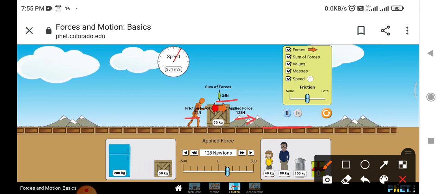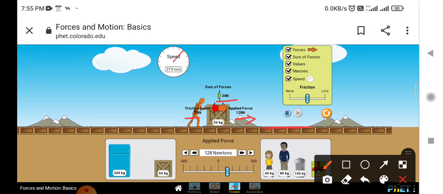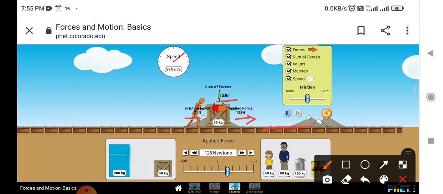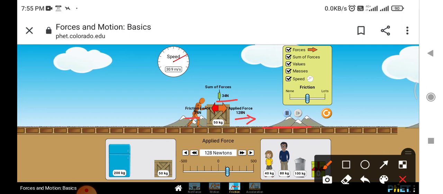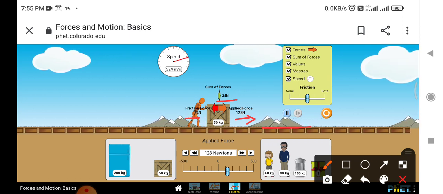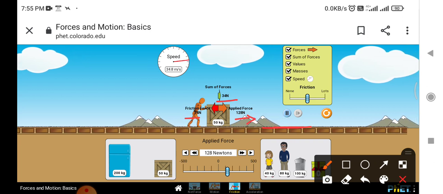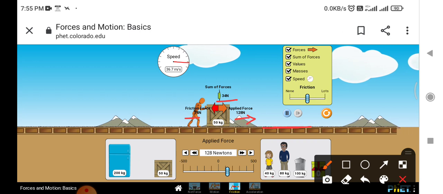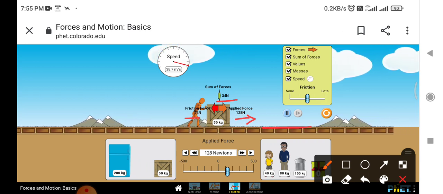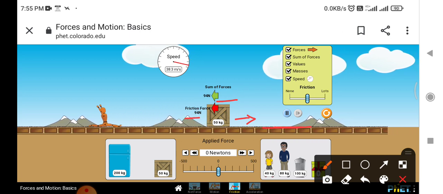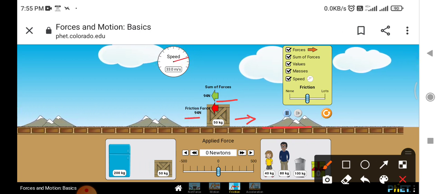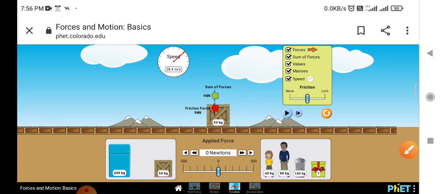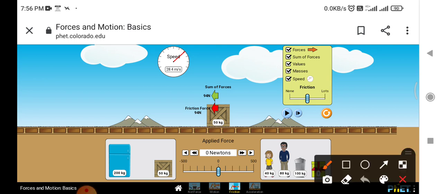So watch carefully, and see the speed of the object. See here, after some time, the frictional force is higher than the applied force.